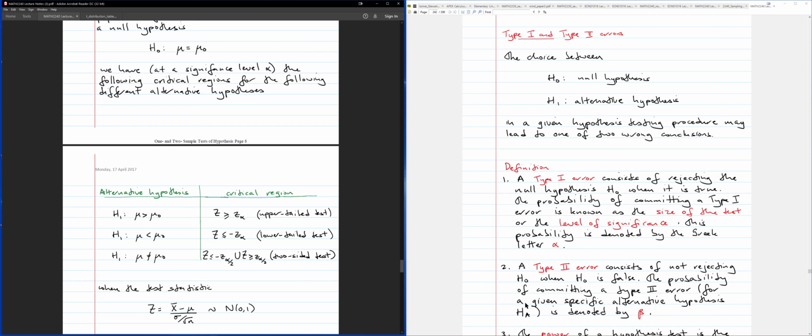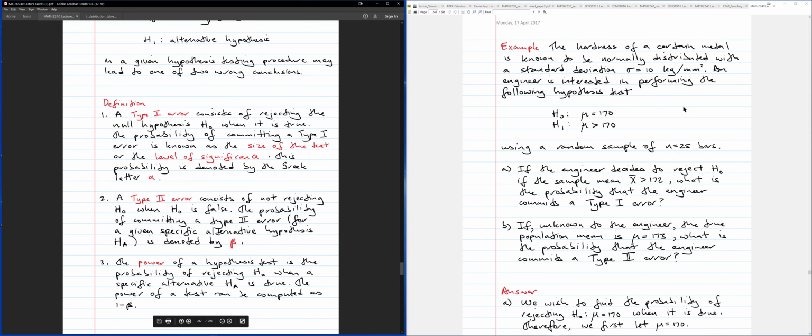Now, this HA over here, alternative hypothesis, is not the same as H1, right? This is an actual equality over here, right? So we will see an example of this. Alright, so let's see some examples of calculating the probability of type 1 and type 2 errors, right?